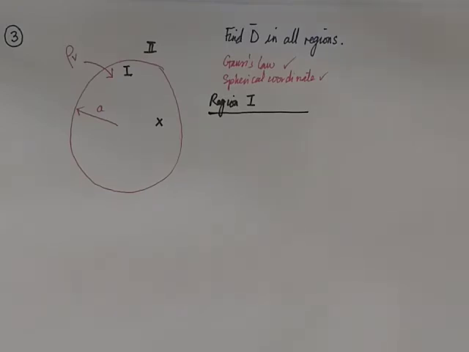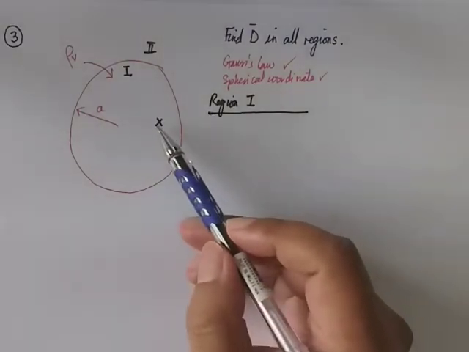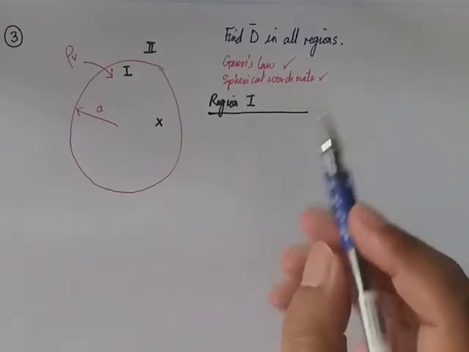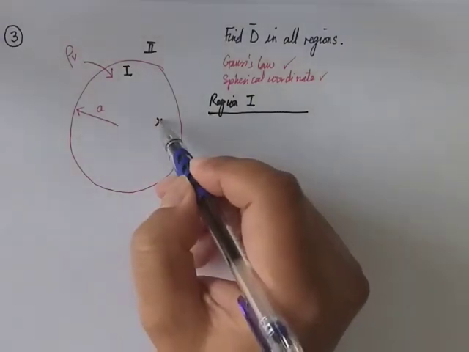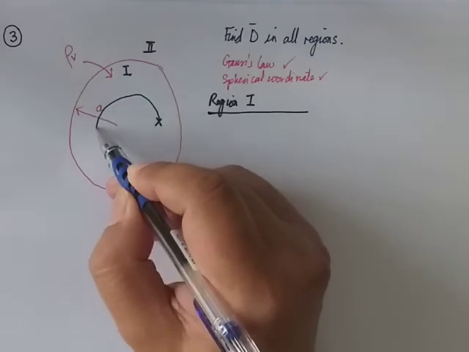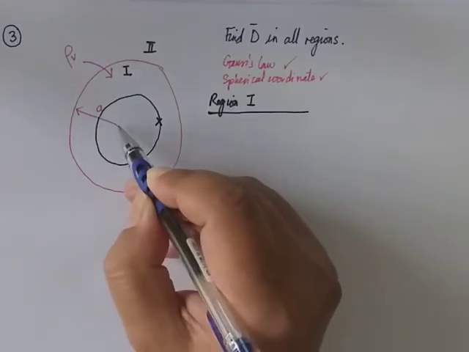So what needs to be built in Gauss law? Good, the Gaussian profile. The shape of the Gaussian profile should relate tightly with the coordinate system that you chose before. So with that, I'm going to choose my Gaussian profile to be a sphere, where the center of my Gaussian profile coincides with the center of my sphere.